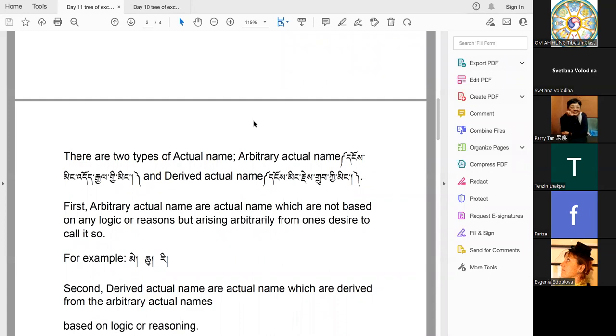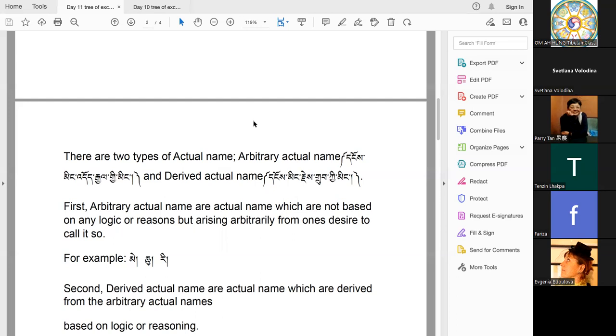It just means water. But then over here, when we see something whose name is actually derived from logic and reasoning, how do we not do the derived part? So you mean that when we say Kangri, right? Kangri is a derived name, right? Yes.